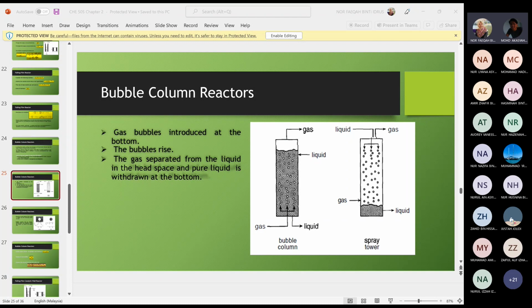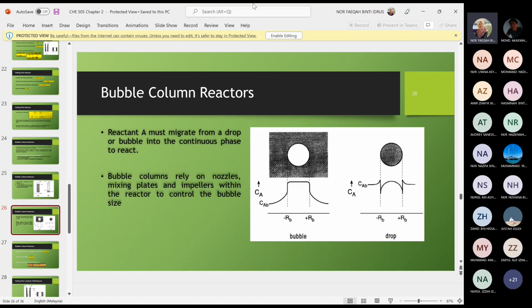Bila saya gerak, dia tak keluar. Ya, betul. Apa ni, apa maksud dia? Mungkin Doktor tak perlu full screen. Okay, saya besarkan saiz dia. Okay, betul.